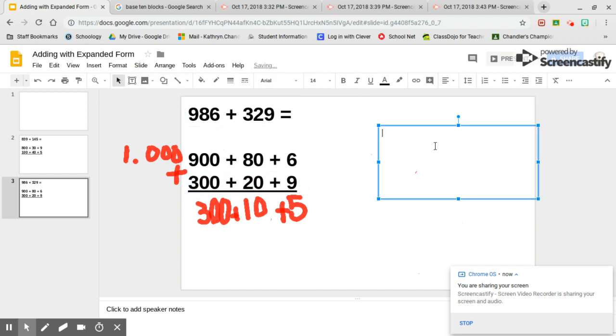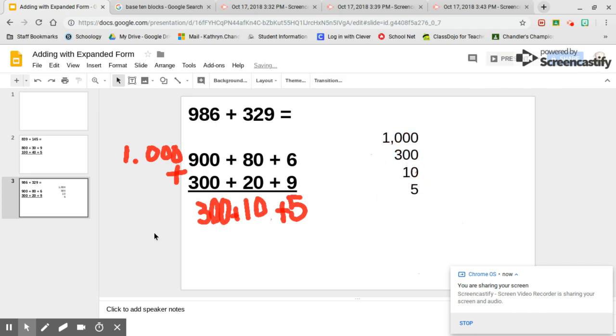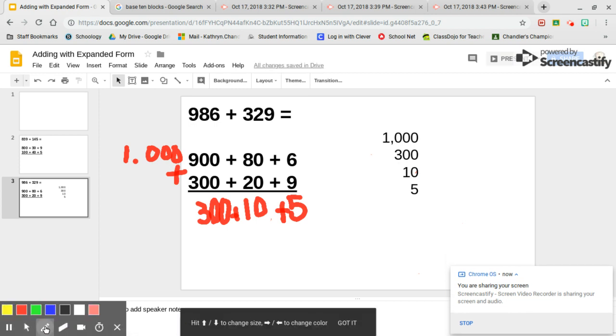I'm going to take 1,000 plus 300 plus 10 plus 5, making really careful to line up my place values correctly. I might need to bring it over just a little bit, so all of them are underneath each other. So I have 1,000 plus 300 plus 10 plus 5.